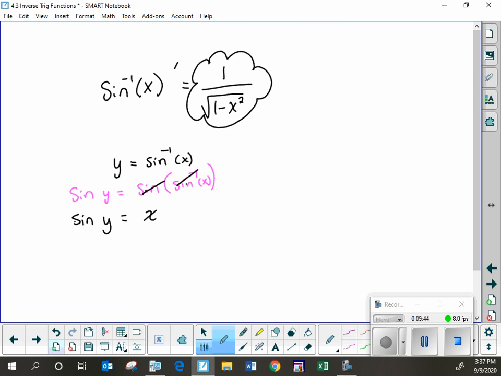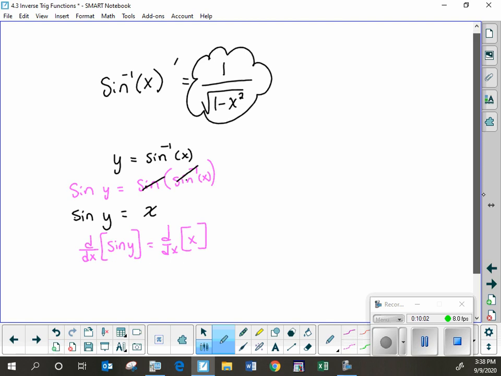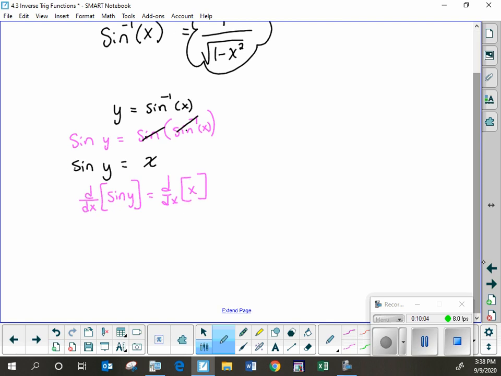Now I feel comfortable saying, let's take the derivative of each side. So d/dx, we'll take it with respect to x. I want to take the derivative of the left side and the derivative of the right side. We don't do proofs very often, but it really is a good brain activity to do proofs. And I believe in college you will probably have to do more proofs in your calculus career.